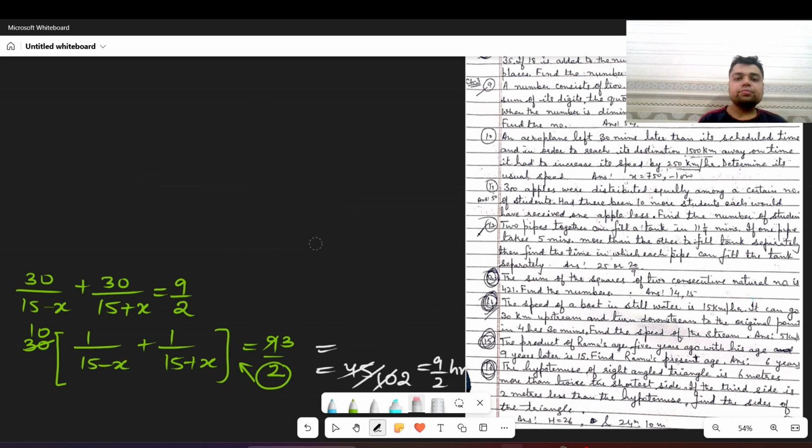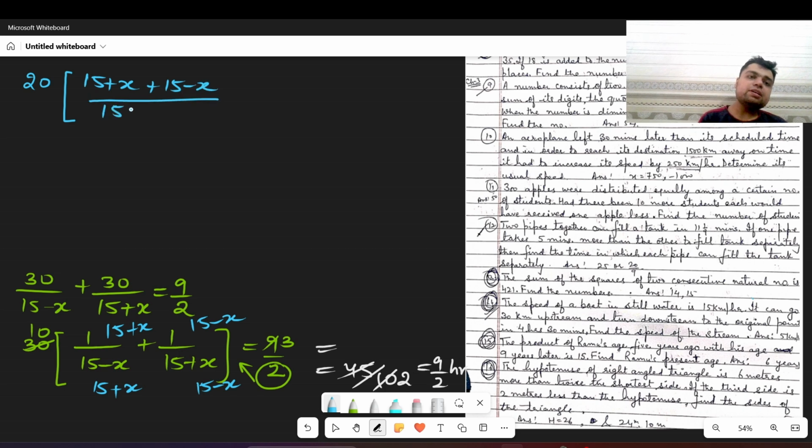Now 10 times 2 is 20, so 20 times bracket open. To make the denominator equal, we will multiply 15 plus x here, upper and bottom, and here 15 minus x, so that the denominator becomes equal. I will get 15 plus x plus 15 minus x whole divided by 15 plus x times 15 minus x. Okay, this is equals to 3.